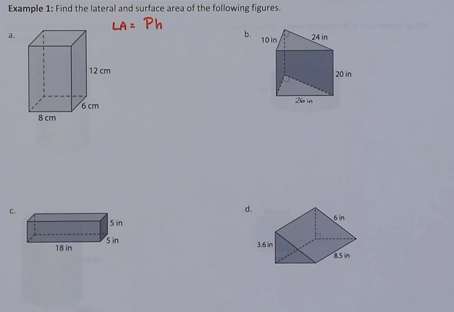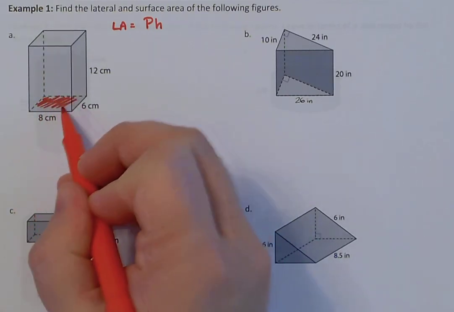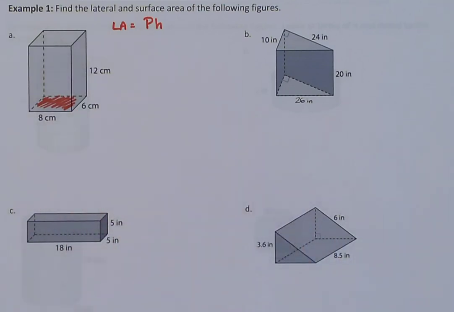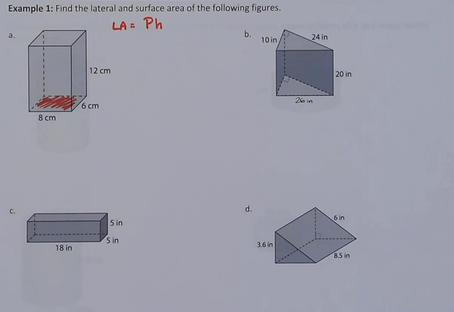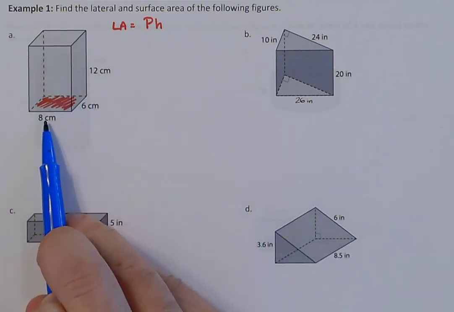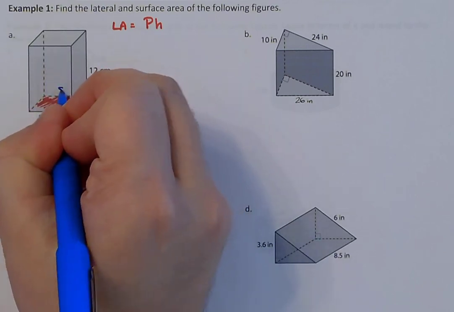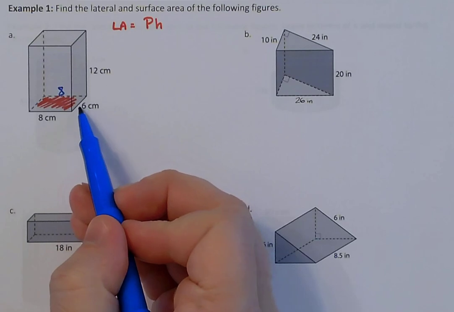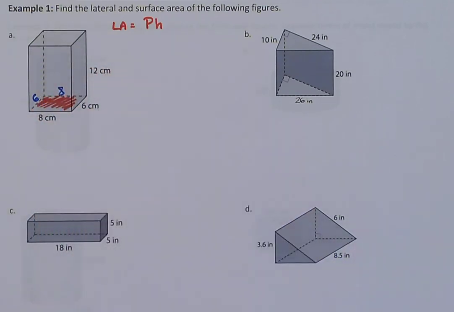Perimeter of the base means we're going to take the base, which is this rectangle right there, and figure out the perimeter of that. To do that, you add all 4 sides of that base. Because we have a rectangle, opposite sides are equal. So if this side is 8, that means this side is also 8. If this is 6, that means this side is 6.